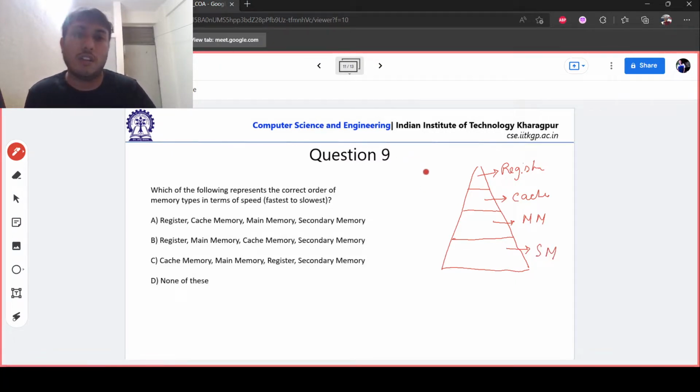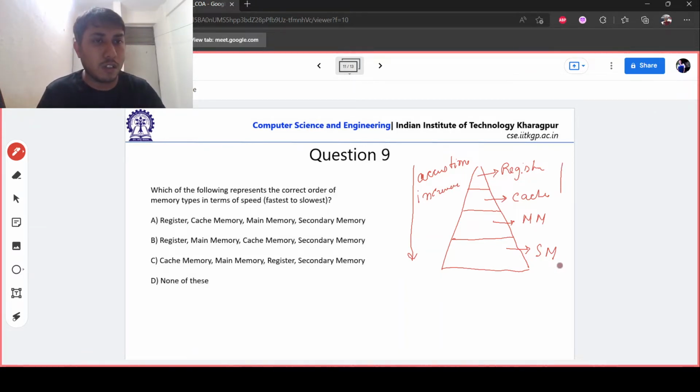So the fundamental is, as we go down, access time increases. And as we go up, cost increases.